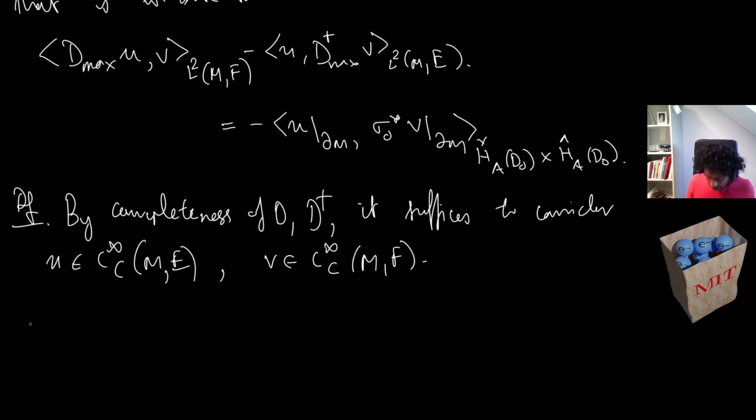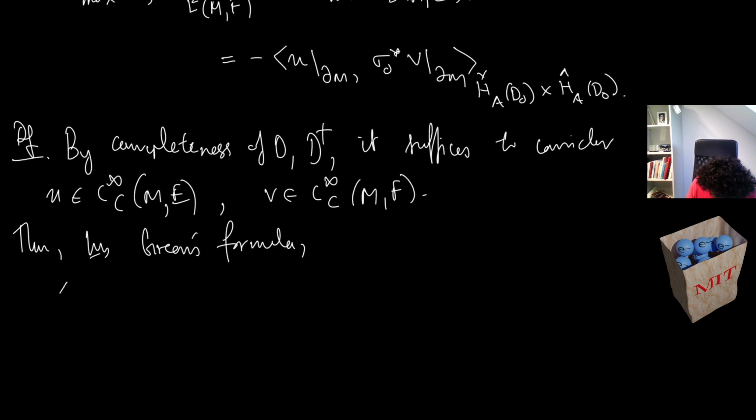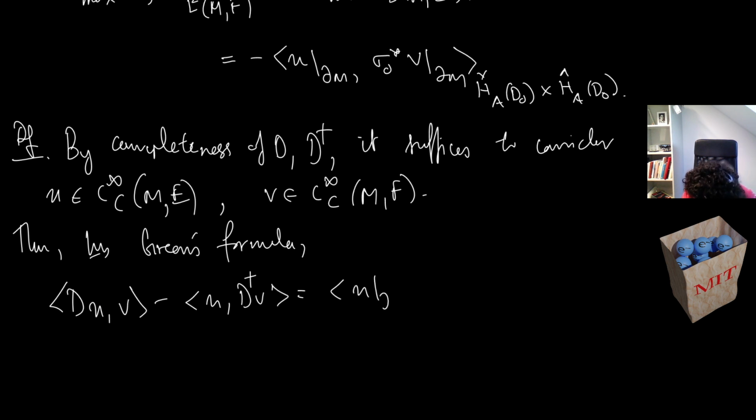So then by Green's formula, what do we have? We have D of u, v minus u, D dagger v, is equal to u restricted to M, negative sign here, sigma naught star v restricted to M, in L2 on the boundary.